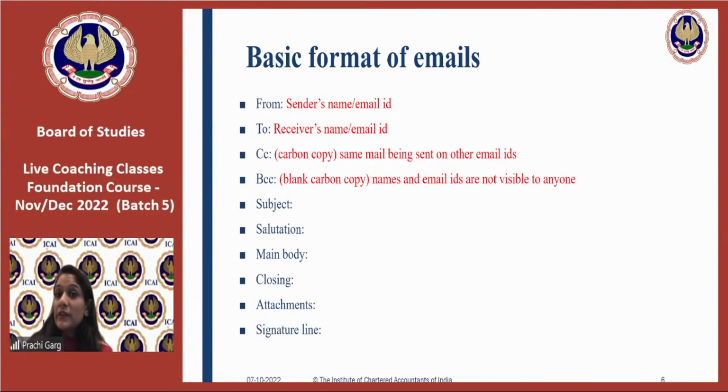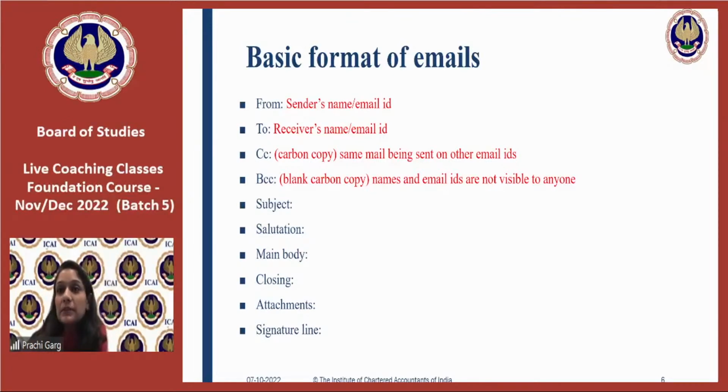So the receiver can see all the email IDs that have been marked in the same email, whereas BCC is the blind carbon copy. When I mark people in the blind carbon copy column, the receiver cannot see to whom all I have sent the same email, right?